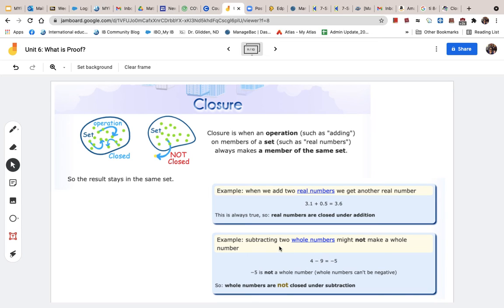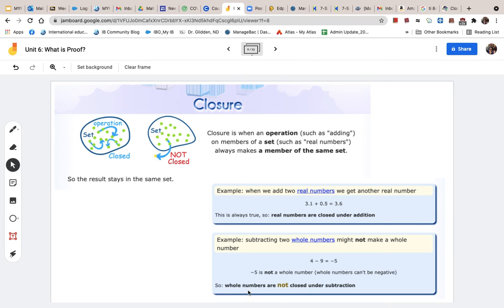If we conduct subtraction and we focus on whole numbers, let's take a look at this one. If we use 4 subtract 9, we will get the answer minus 5. And as you can see, minus 5 is not a whole number, because we know that whole numbers cannot be negative, they need to be bigger than or equal to 0.